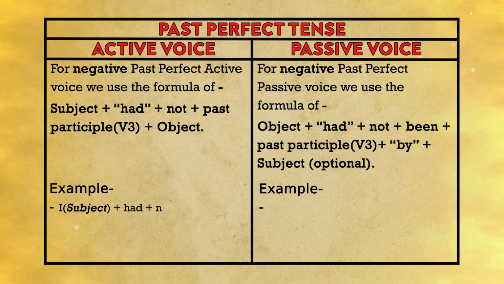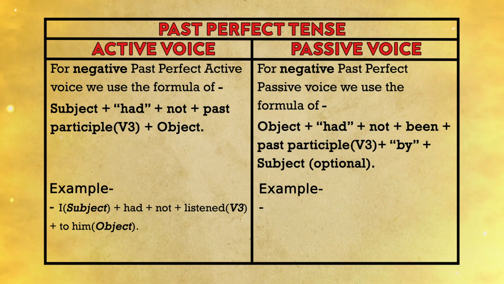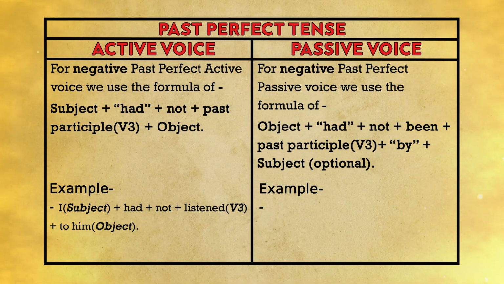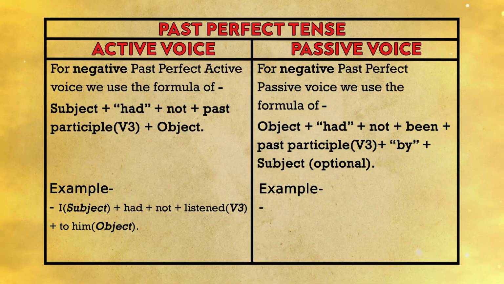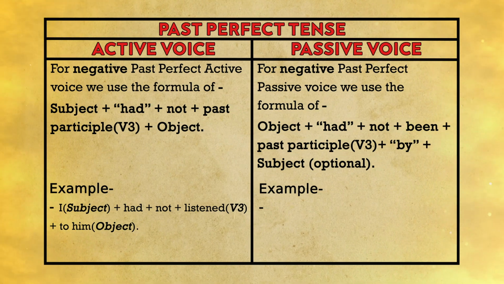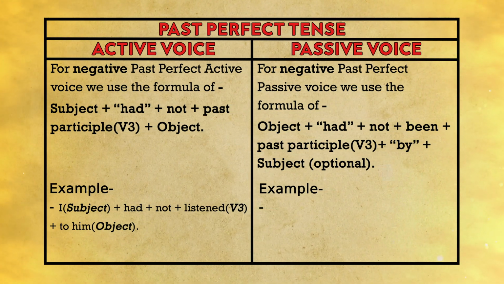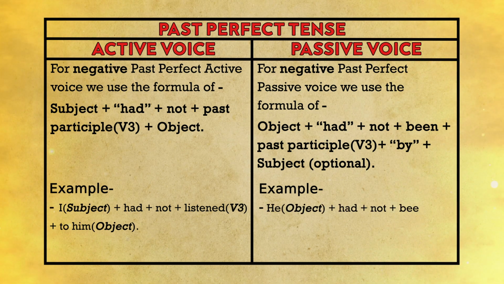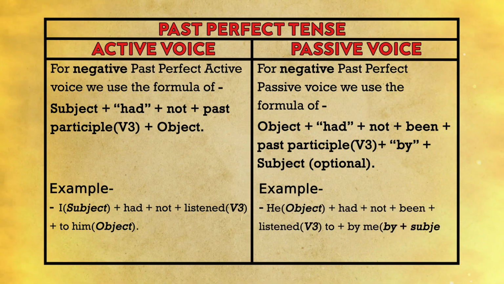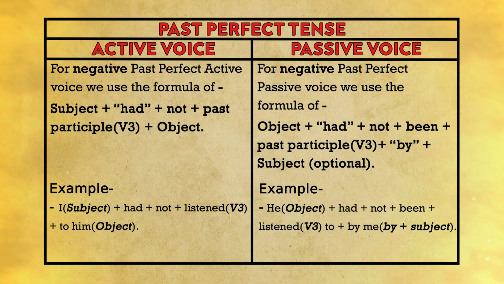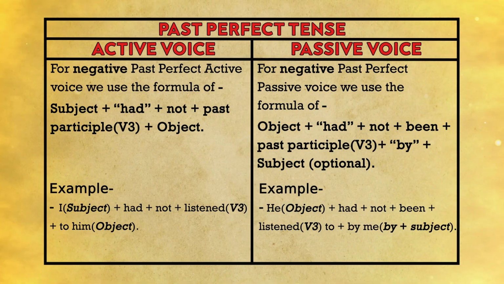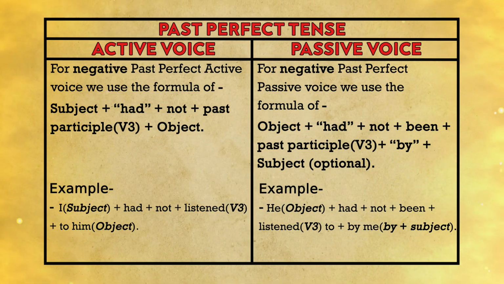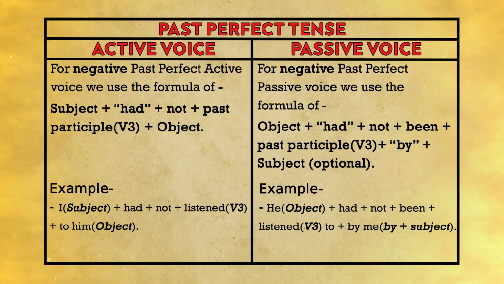Example, I had not listened to him. I is the subject, listened is the third form of the verb, to him is the object. And when we change it, he had not been listened to by me. He is the object, listened is the third form of the verb, by me is the subject.